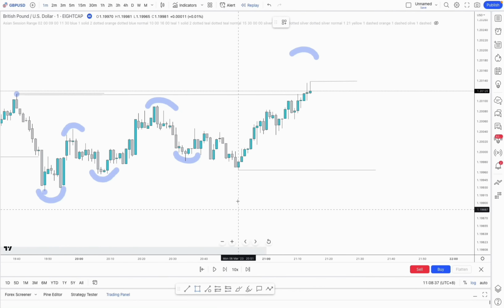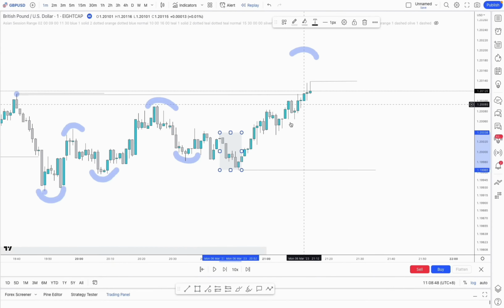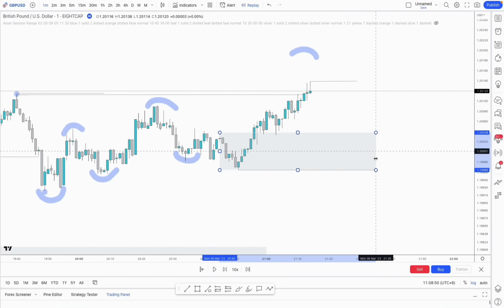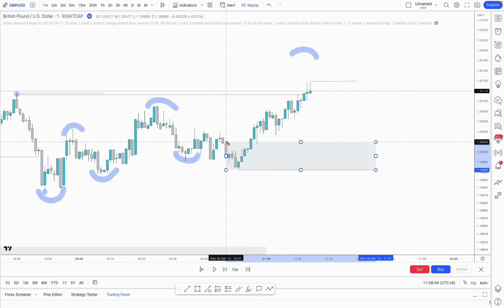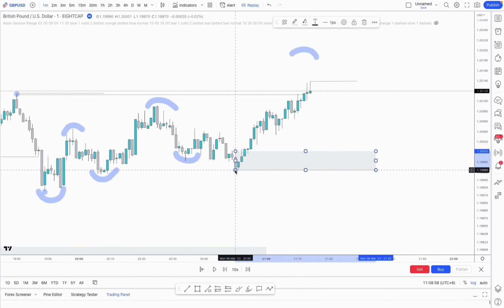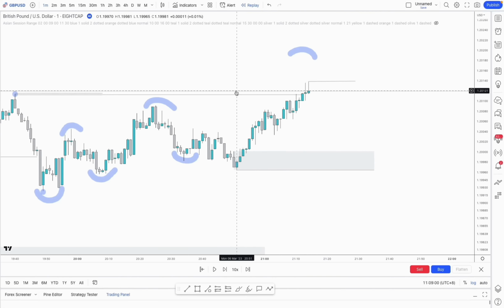So the area I'd be looking for is the range that created the origin of the momentum, right? It's essentially price was pulling down and then price came in. So you could take the overall sell to buy, because that's where it's likely that the majority of the orders are. Then you can really refine that down to the last sell to buy in that range. And that's what you could use.